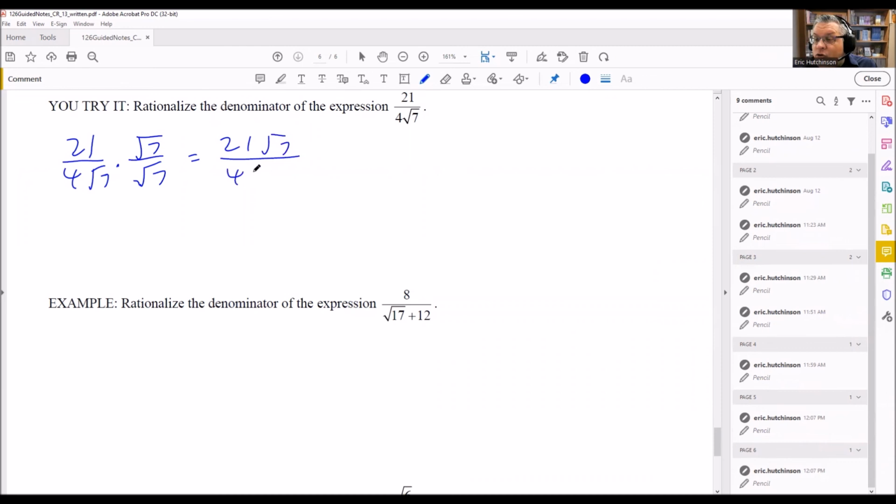On the bottom, you get 4 times square root of 7 squared, which means you get 21 radical 7 over 4 times 7. Here's another case where we can reduce. We have a 21 and a 7 here, so we'll divide both of these by 7. Divide that by 7, we get a 3. Divide this by 7, we get a 1, which means our final answer is 3 radical 7 over 4. There's nothing more we can do to reduce this.